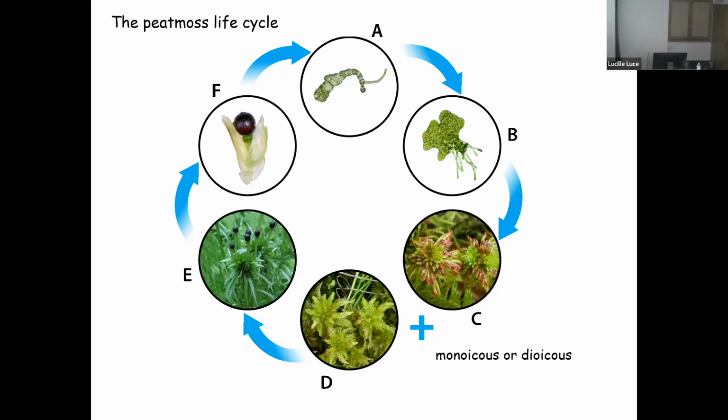Fertilization requires water for the sperm to reach the egg, which impacts gamete dispersal distances and therefore gene flow distances. But the result is a sporophyte, and the sporophyte is very small, basically nothing but a sporangium, that black part up on the top.